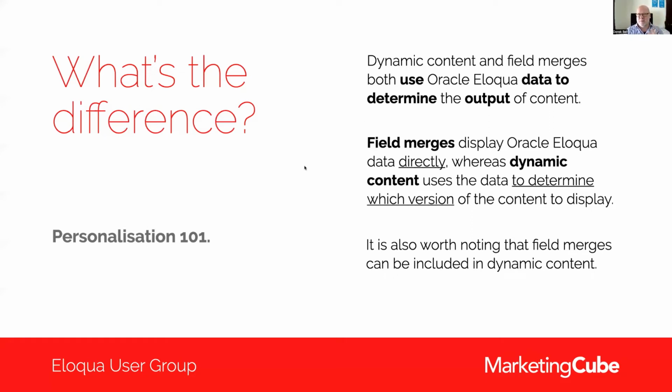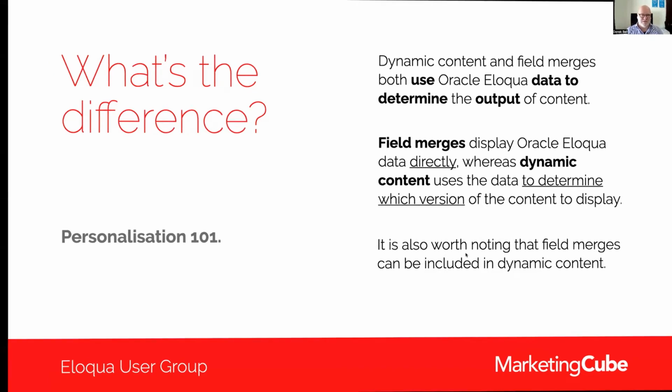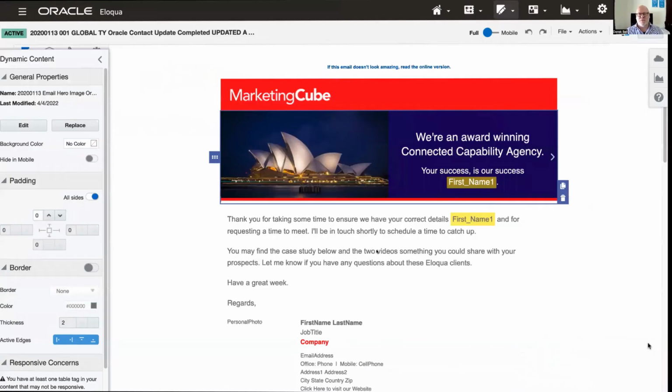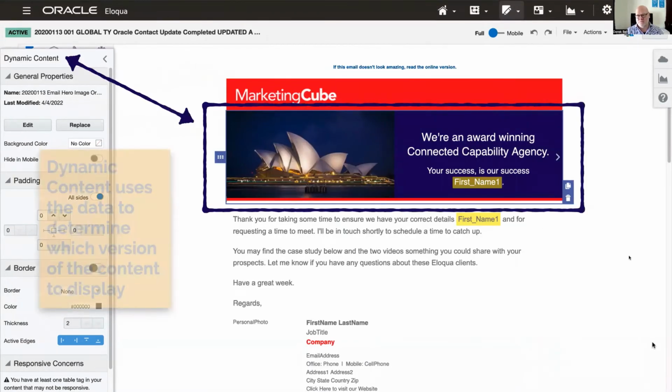So I'm trying to be a little bit more subtle in that process. And again, it's worthwhile noting that field merges can be included in dynamic content, so we can continue that personalization exercise as we go through.